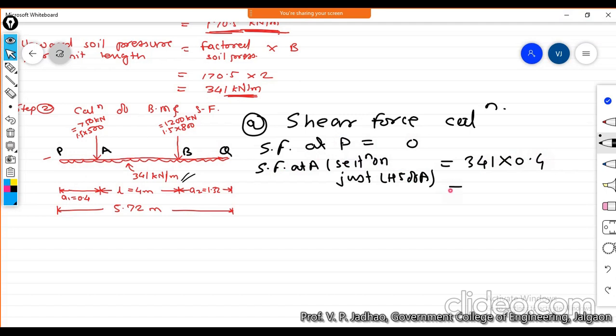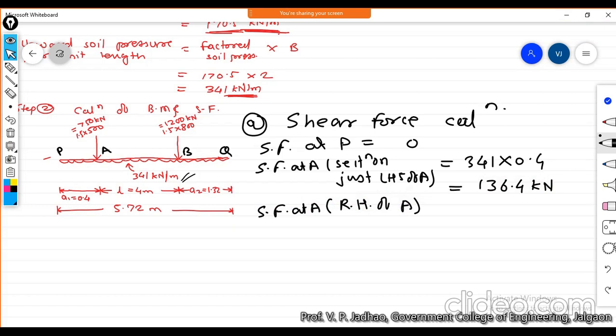So we get the shear force at A equal to 136.4 kilonewton.